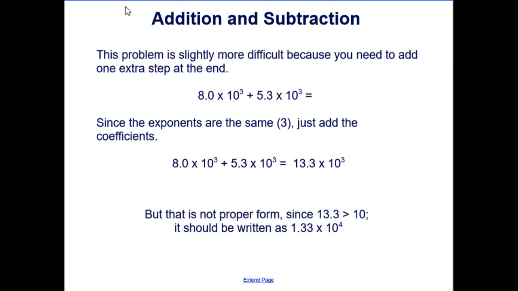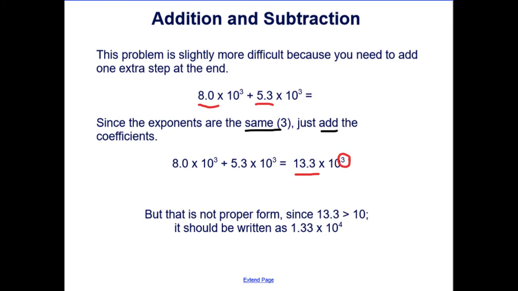This problem is slightly more difficult because you need to add one extra step at the end. Here we have 8.0 times 10 to the third plus 5.3 times 10 to the third. We still have the same exponent of 3, so we're still going to add the coefficients. So 8.0 plus 5.3 is 13.3, and we have the same exponent.